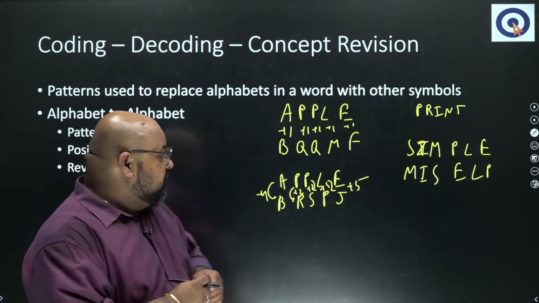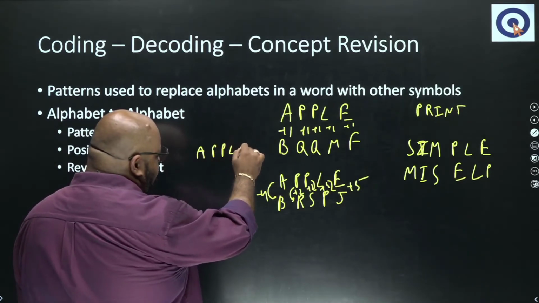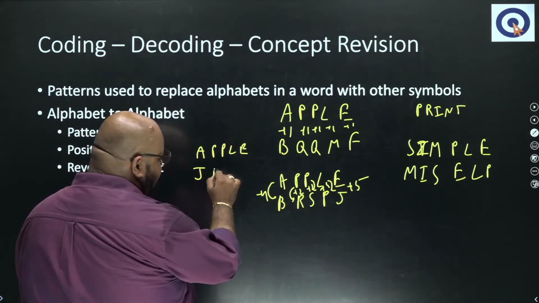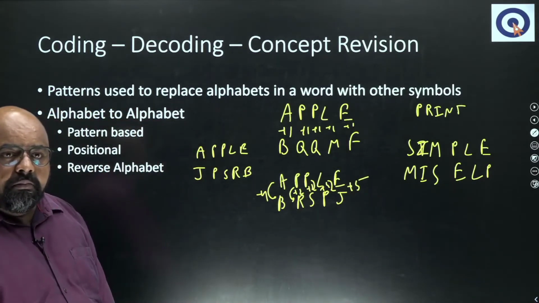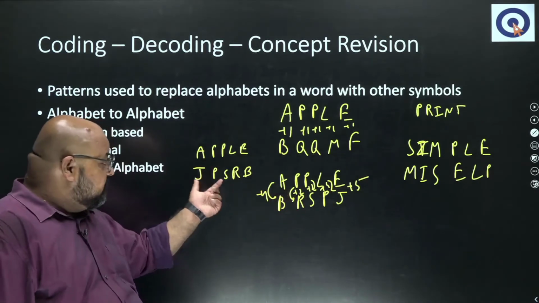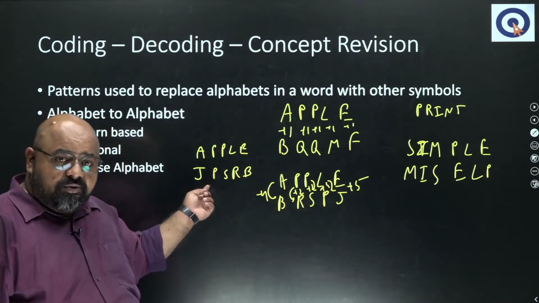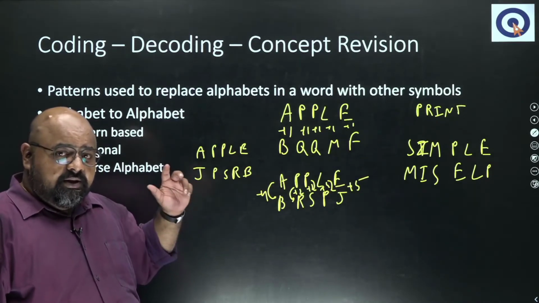So for example, if I say apple is coded as JPSRB, this pattern was used and then it was positionally reversed. It could be a combination of position and pattern based, right?